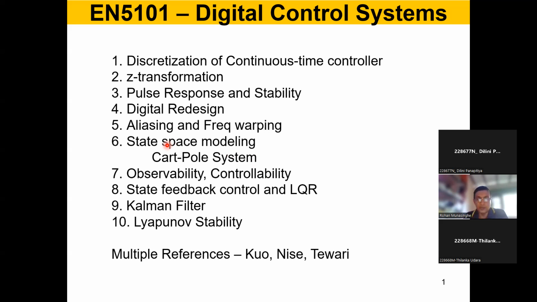This is a different type of controller, which takes multiple inputs into it and then calculates the control signal. One such controller is the state feedback controller, SFC, and another one is LQR. So we're going to look at the state space controller and the linear quadratic regulator.